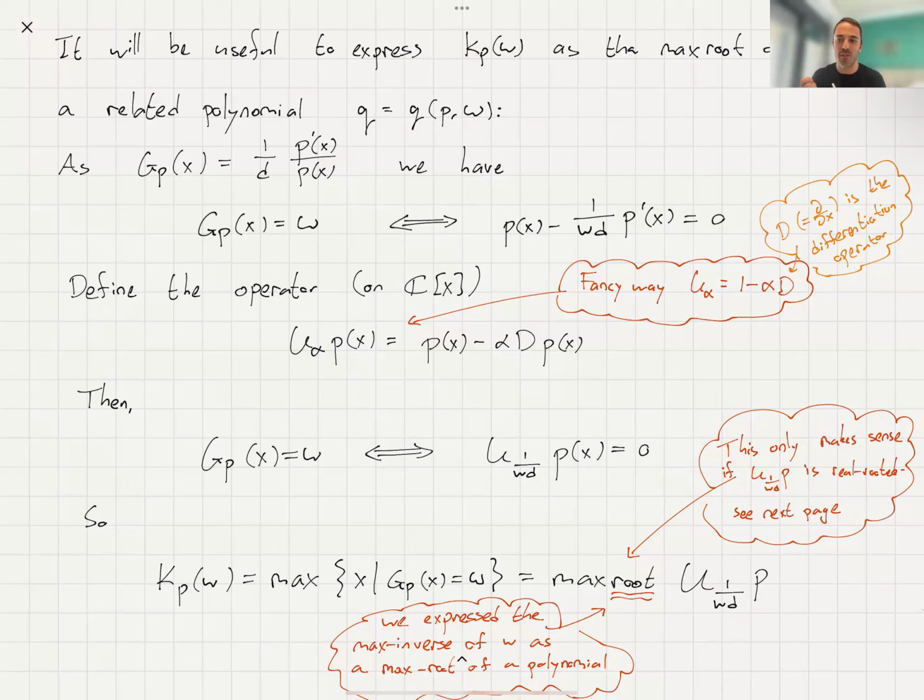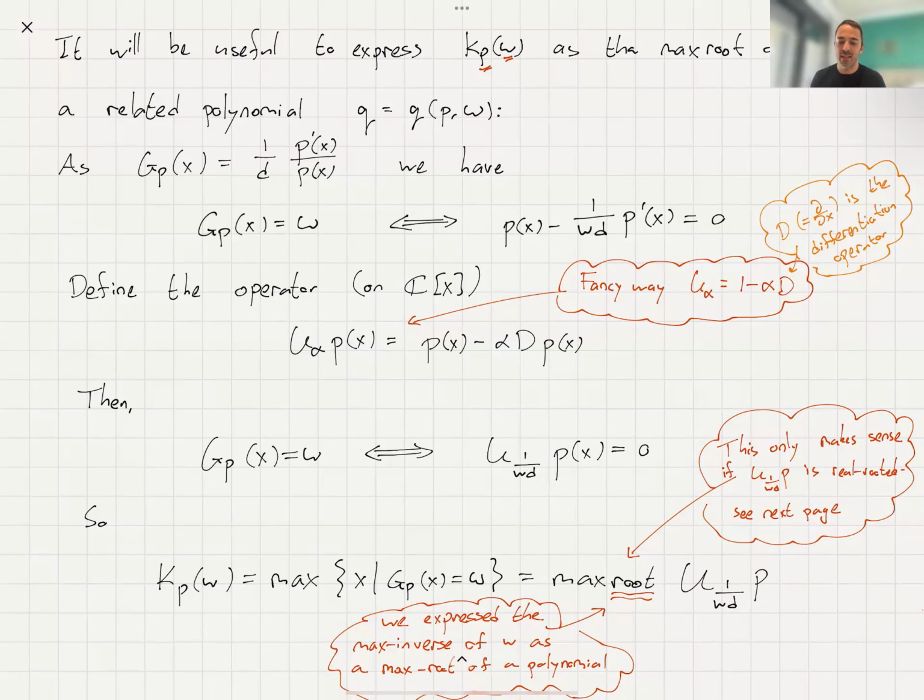It doesn't look like a polynomial, but it is, in some sense. So what I'm saying is, if you fix P, but also fix W, namely the point you want to max invert, like the horizontal line that you want to ask, what's the rightmost point that meets the Cauchy transform.